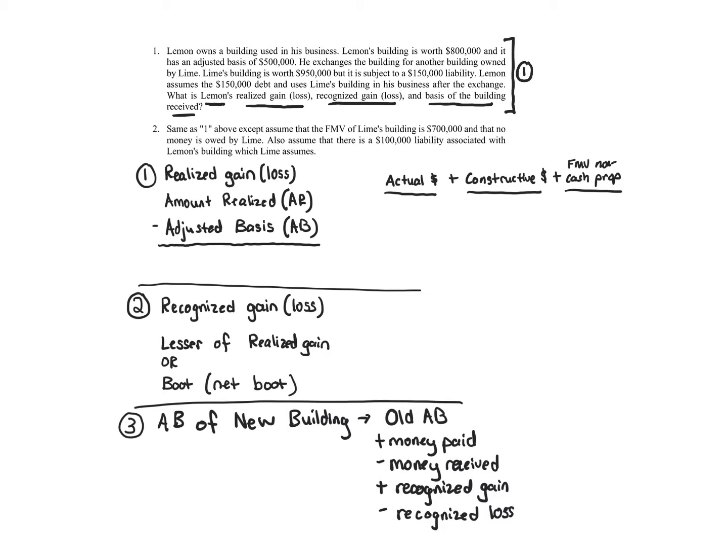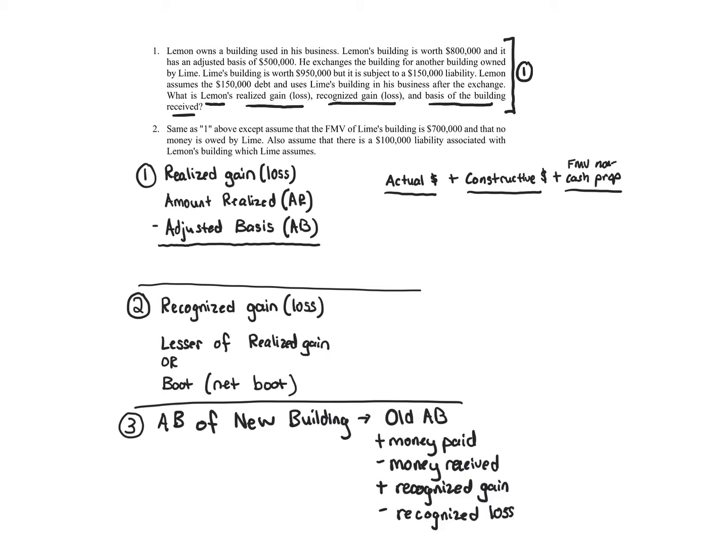Also assume there's a $100,000 liability associated with Lemon's building, which Lime assumes. In problem 1, all that was going on was Lemon and Lime were trading buildings, but also Lemon was taking on Lime's liability, which now in problem 2, that liability is no longer. Now here, it's the opposite. Lemon has a liability on Lemon's building and Lime is taking it on. So it's the opposite of problem 1.